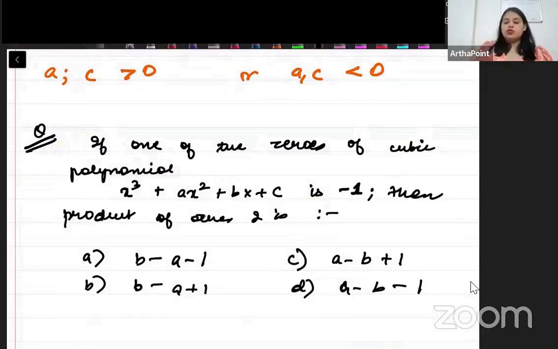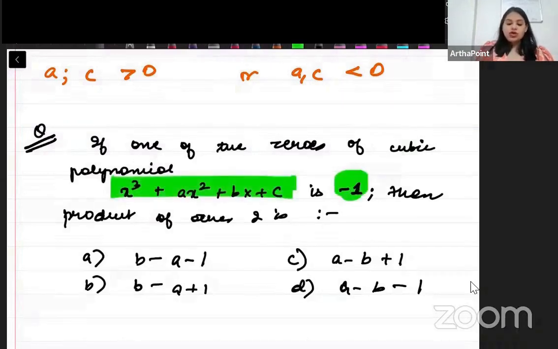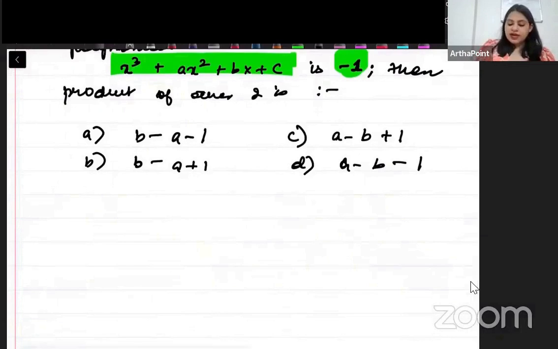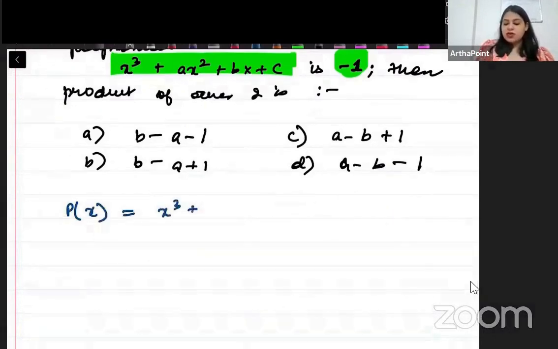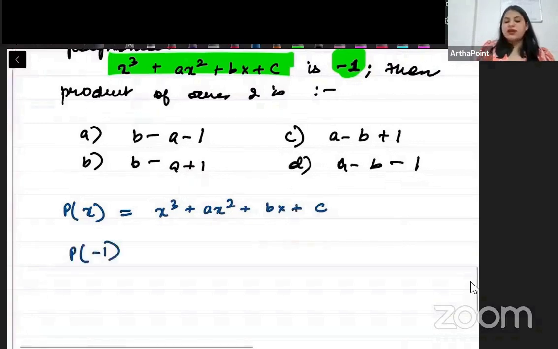Beta, start thinking a little. One of the zeros is minus 1. This means when you put minus 1 in this equation, you should be getting 0, right? So let's start by writing the polynomial: x cube plus ax square plus bx plus c. When I put minus 1 instead of x, I should be getting 0.